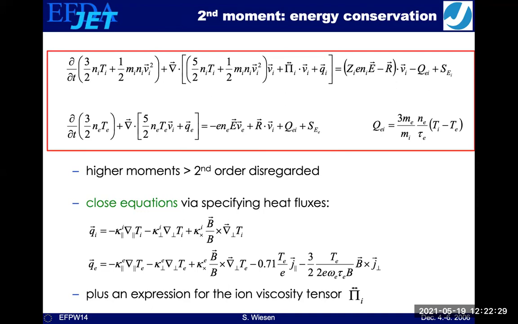But you do this by making an implicit assumption on the nature of the heat flux, saying, okay, heat flux is conductive heat flux. We assume, therefore, that the collisionality of the plasma is high enough that you can assume that heat is conducted by collisions. This is the intrinsic assumption that one makes to close these equations.